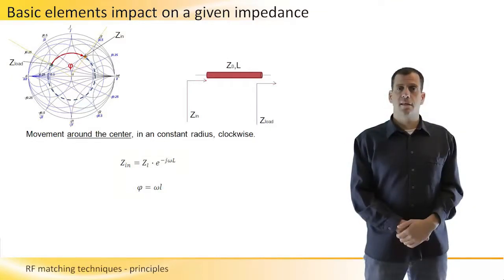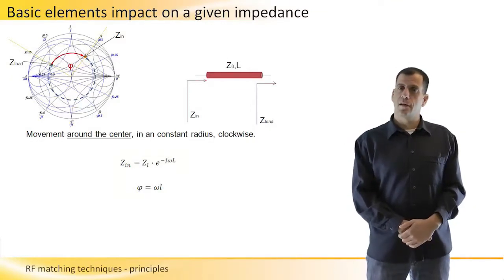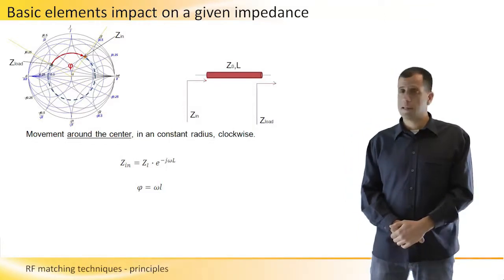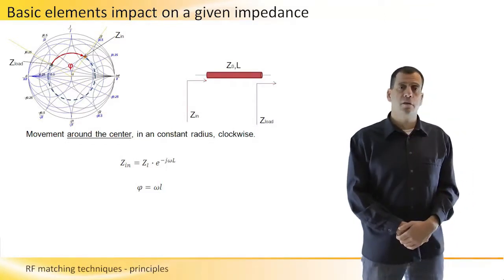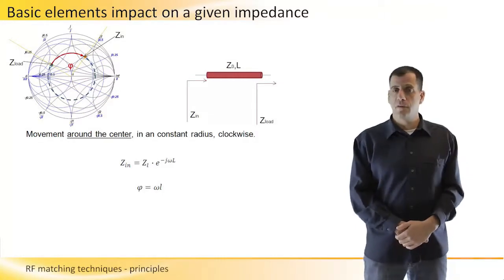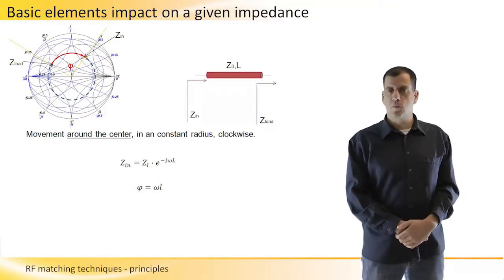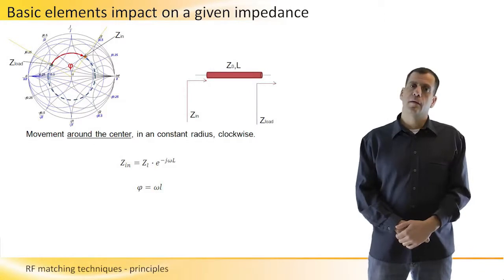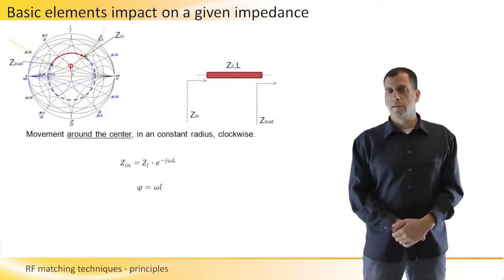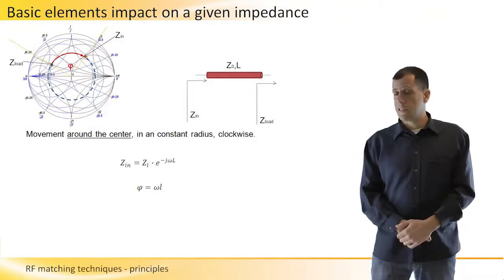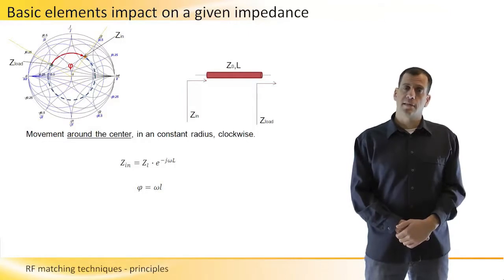One last thing that I want to emphasize is that we always selected components that are totally reactive, because we don't want to add loss to our system. We don't want to pay in the loss of power or energy when we do a matching. Reactive components, at least theoretically, are lossless.